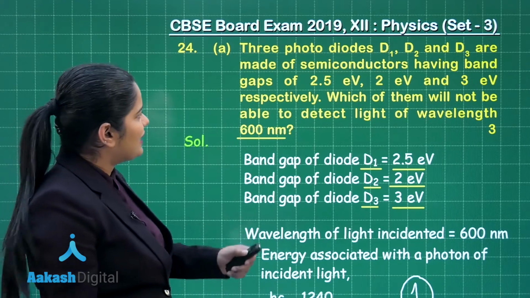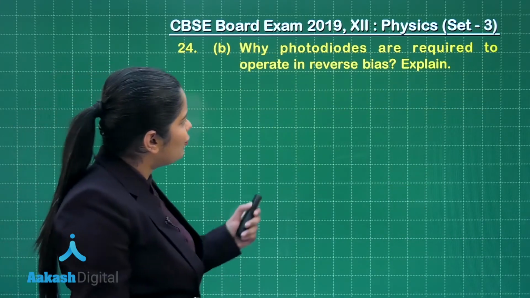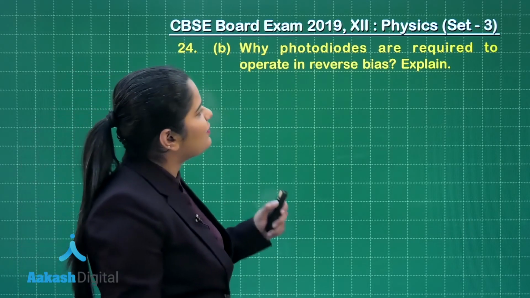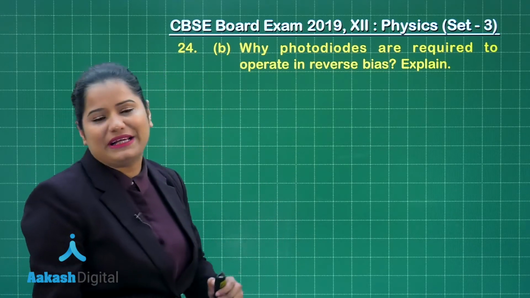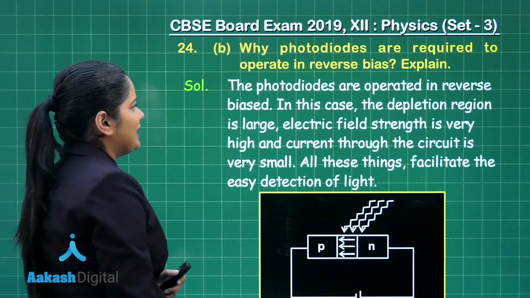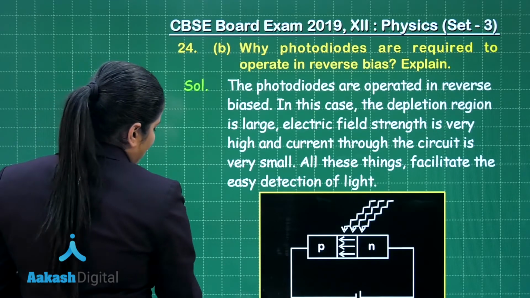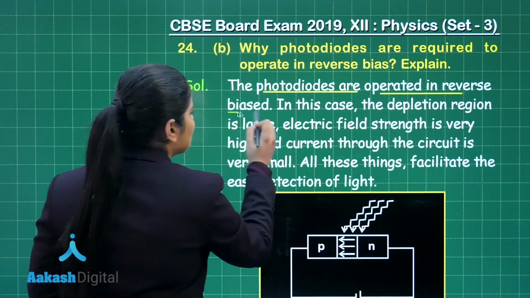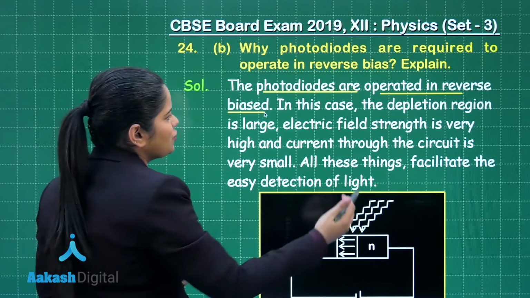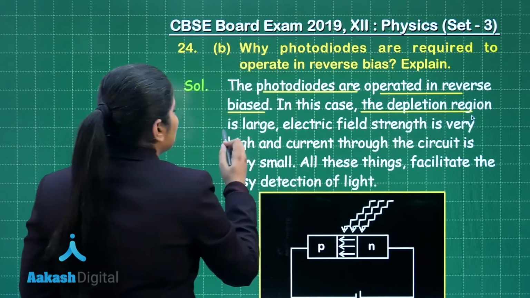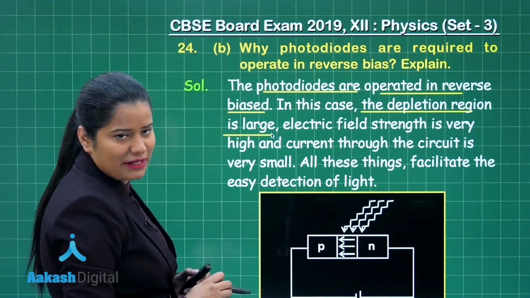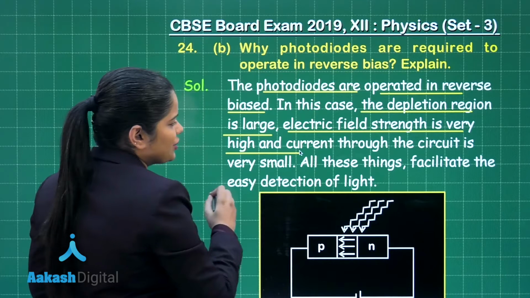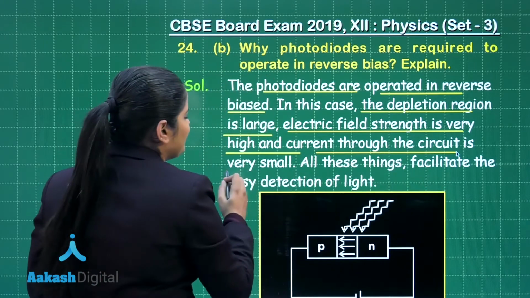Let's have a look at the next part of the question, which says why photodiodes are required to operate in reverse bias. We need to explain this. So here we know that the photodiodes are operated in reverse bias, and why is it done so? Because the depletion region is large in the case of reverse biasing, and the electric field strength is very high in that region, and the current through the circuit is very small.